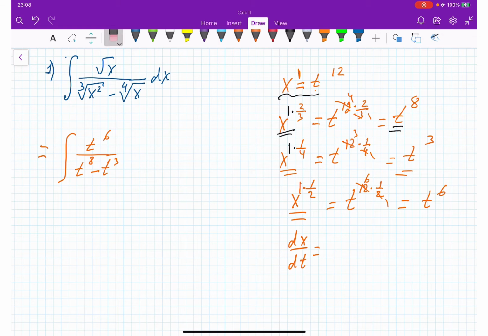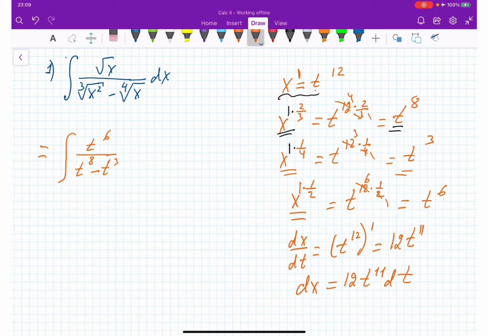Okay, let me write it down, not to jump steps. It's going to be t to the power 12 prime, which is going to be 12 t to the power 11. And from here, dx is equal to 12 t to the power 11 dt. Okay, so writing down here times 12. Well, this 12 I can put out, t to the power 11 dt.